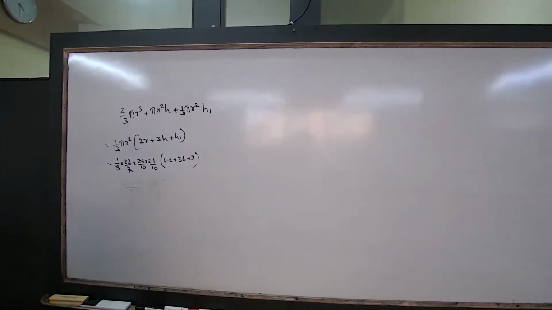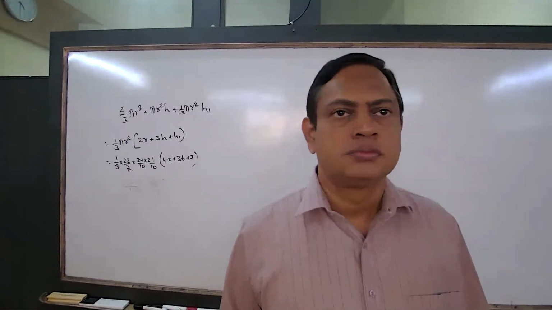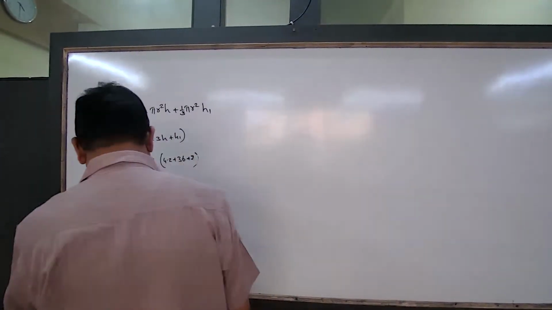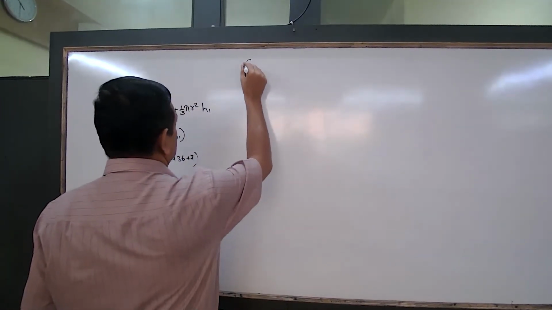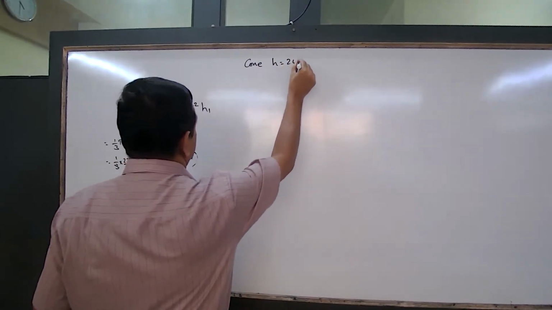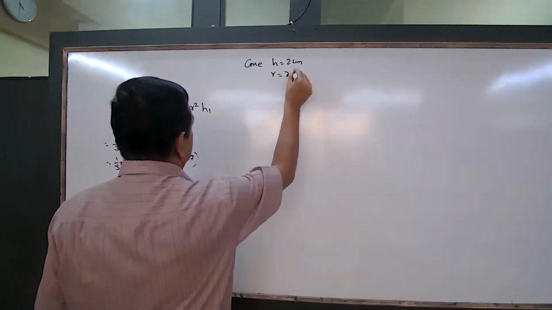A solid toy is in the form of a hemisphere surmounted by a right circular cone. The height of the cone is 2 centimeter and the diameter of the base is 4 centimeter, that is, R is also 2 centimeter.